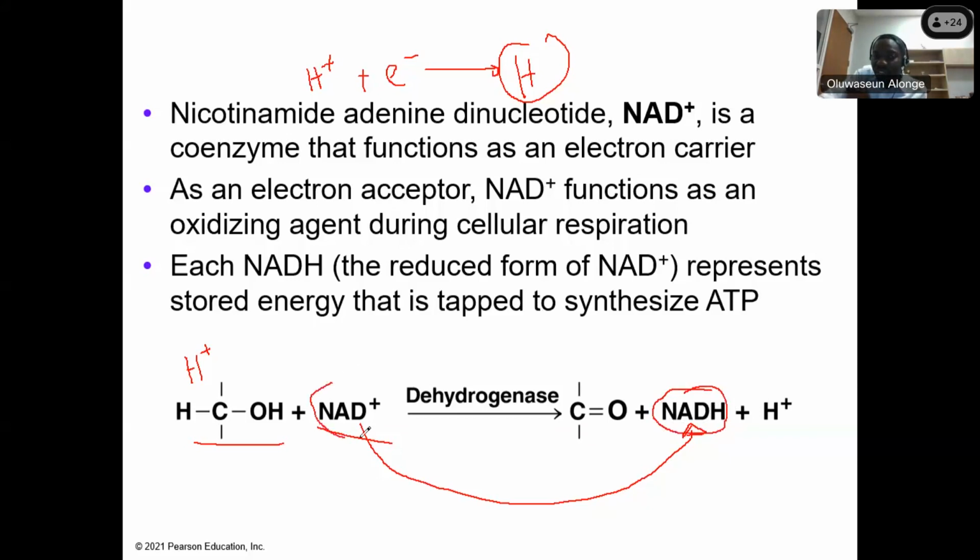This is electron acceptor. NADH is electron carrier. So we say that NADH has been reduced. Why? Because it is now carrying electron. And that is logical, because now H was not here before, and we know addition of H means reduction. Does that make sense?